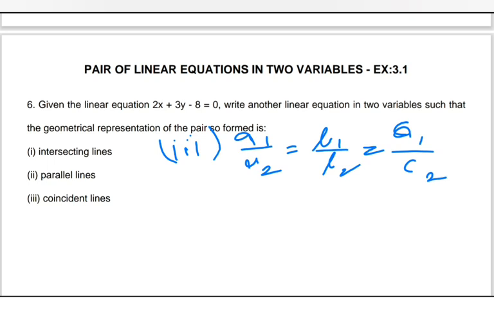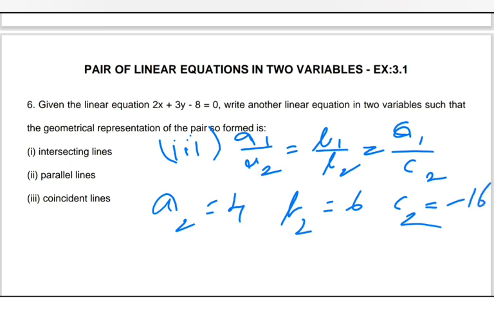So let's take a2 as 4, b2 as 6 and c2 as minus 16. I'm just assuming, you can assume your own numbers. Let's try out. So the equation will be 4x plus 6y minus 16. This is your equation.